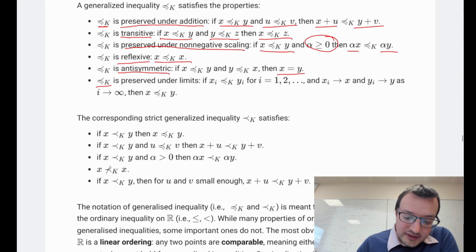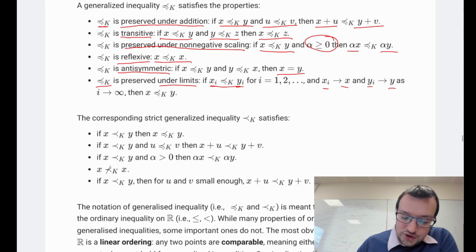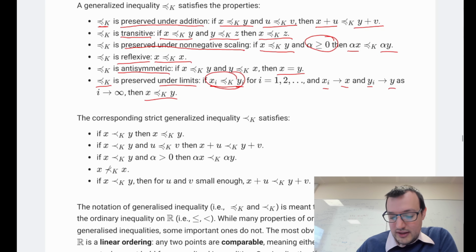And it is also preserved under limits, which means that if we have an infinite number of x_i and y_i, which all obey the relation x_i is less or equal than y_i, and x_i converges to a limit x and y_i converges to a limit y, then the limits also satisfy the relation that x is less or equal than y.